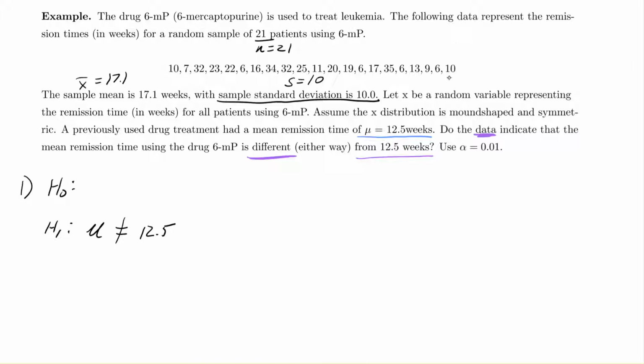Does this data right here indicate that? That's what we want to test. So that's the alternative, and this tells us this is a two-tail test. So the null hypothesis is mu equals 12.5 weeks.